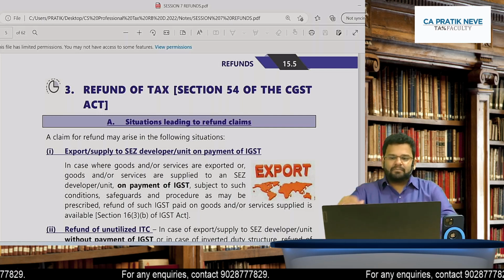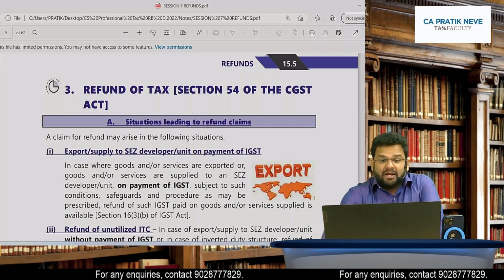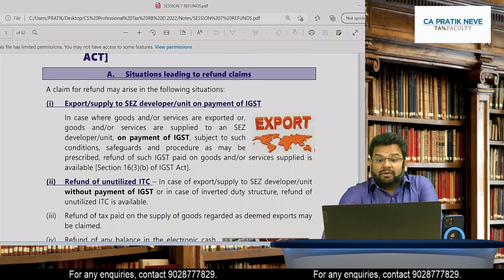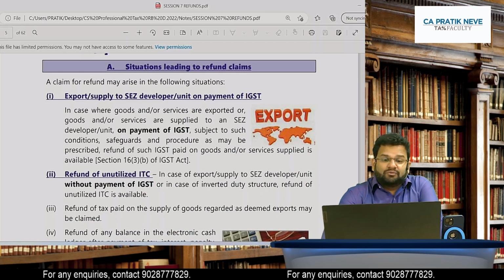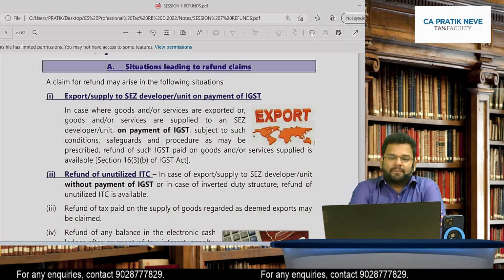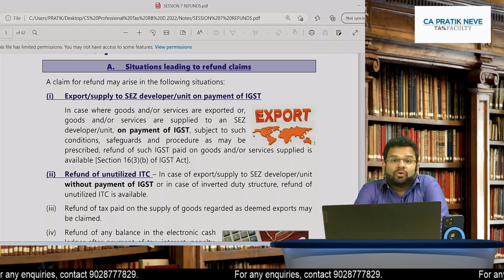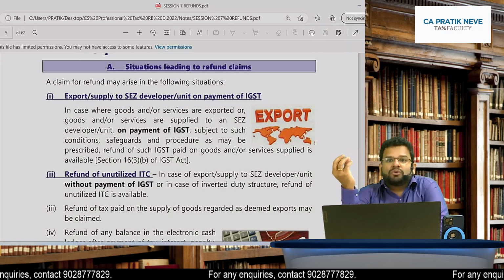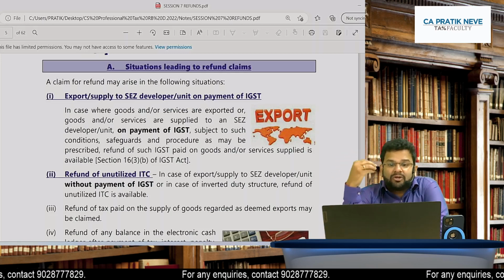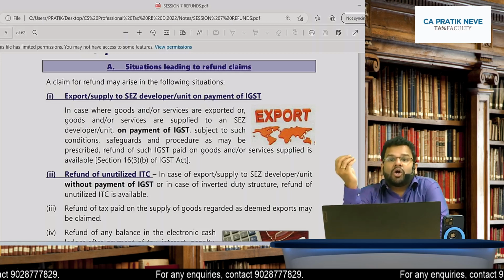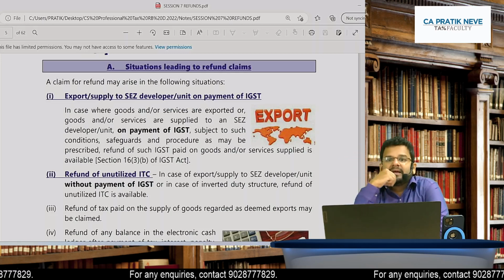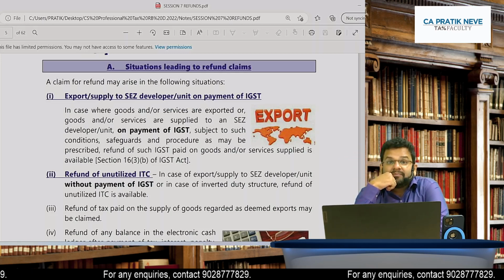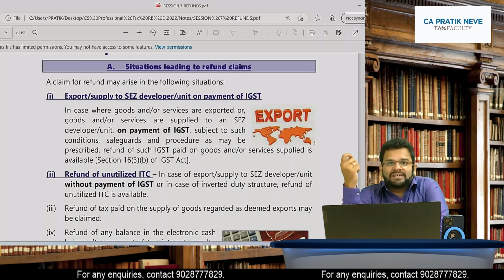Okay, let's start, friends. So first of all, when will the situation of refund come into picture? Whenever there's an export or whenever there's a supply to a unit in a special economic zone, you know that it is a zero rated supply.